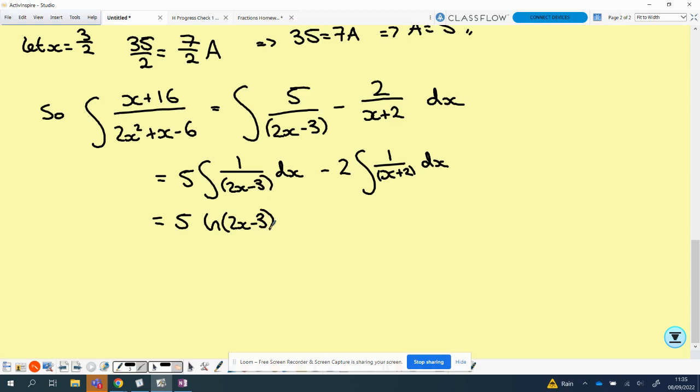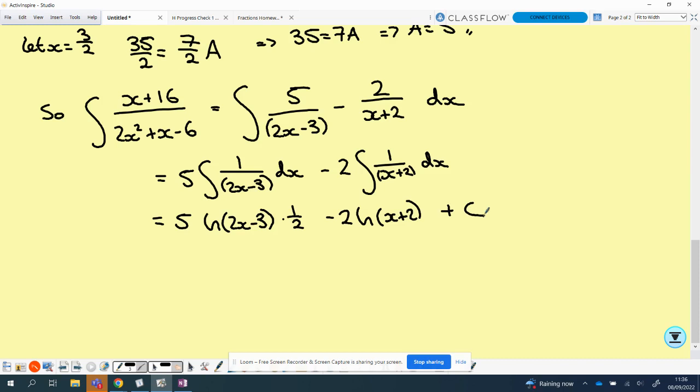But then I've got to differentiate the bit in the bracket, which is 2, so I've got to times it by a half, because when it's integration it's 1 over the derivative. Minus 2 log x plus 2. Differentiate the bracket, I just get a 1, so nothing's changing there, plus c.